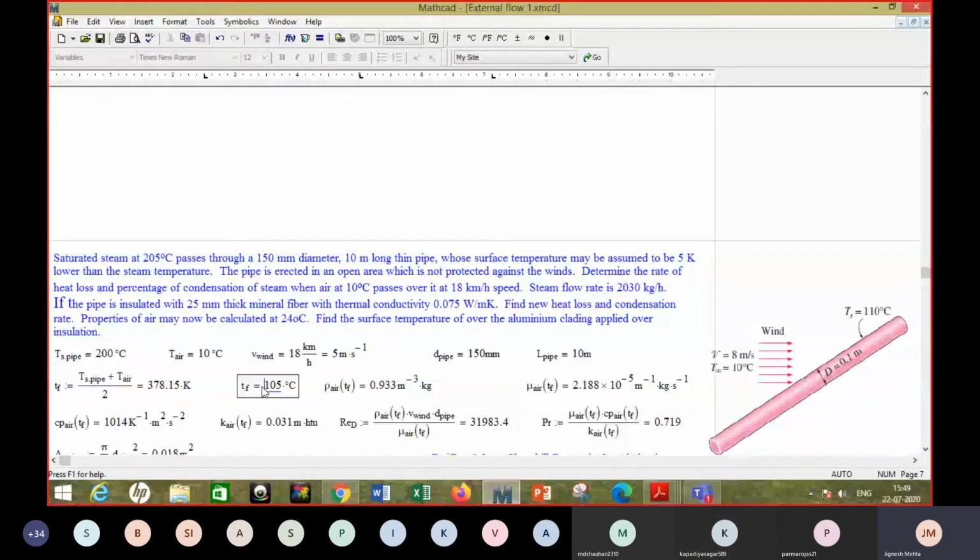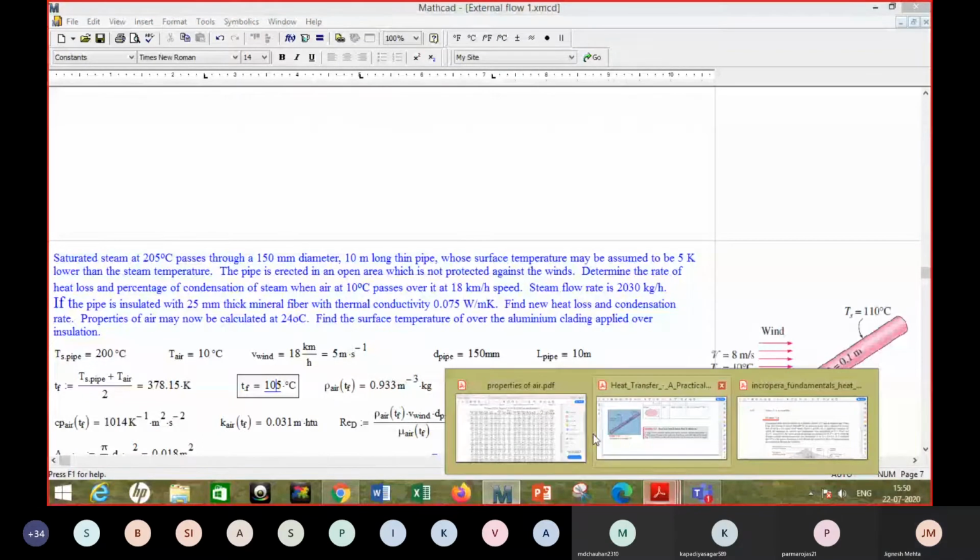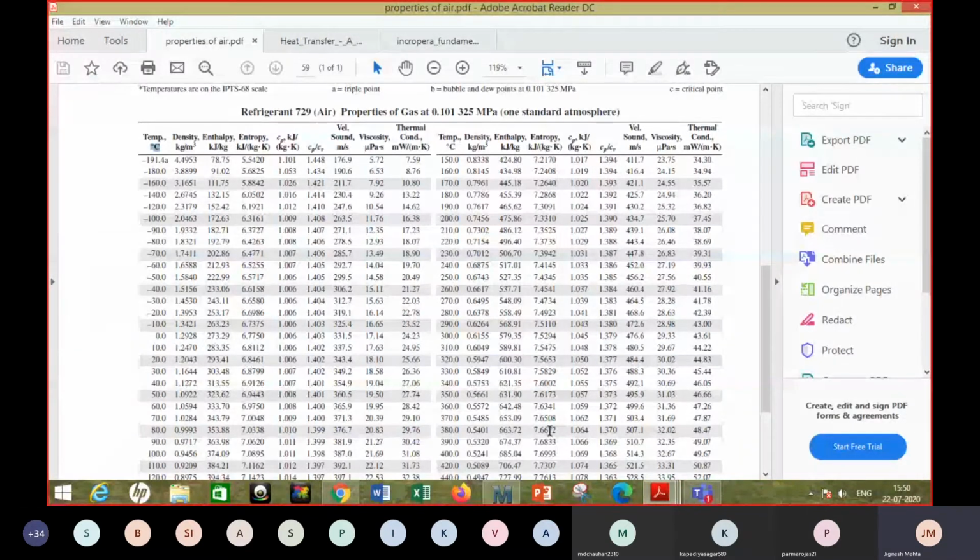I have converted it to 105 degrees Celsius. This program shows it that way, but you need not worry about that. It is 210 divided by 2, so it is 105 degrees Celsius. And your table also gives it in degrees Celsius, right? You don't have to do any calculation to get the property. You have to just read it from the table.